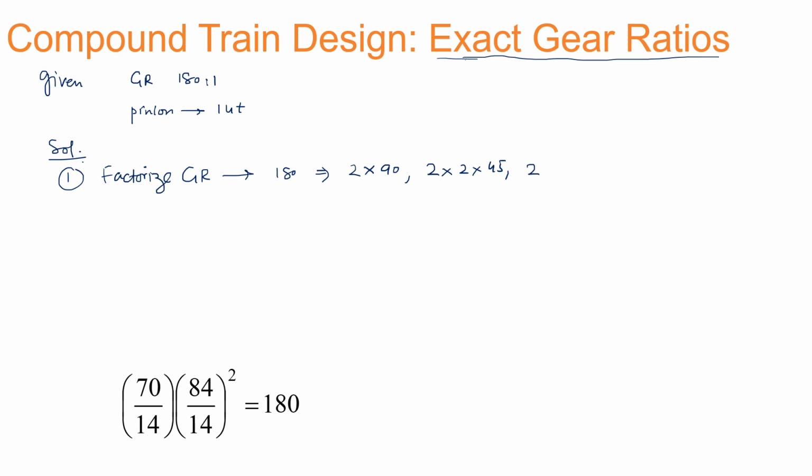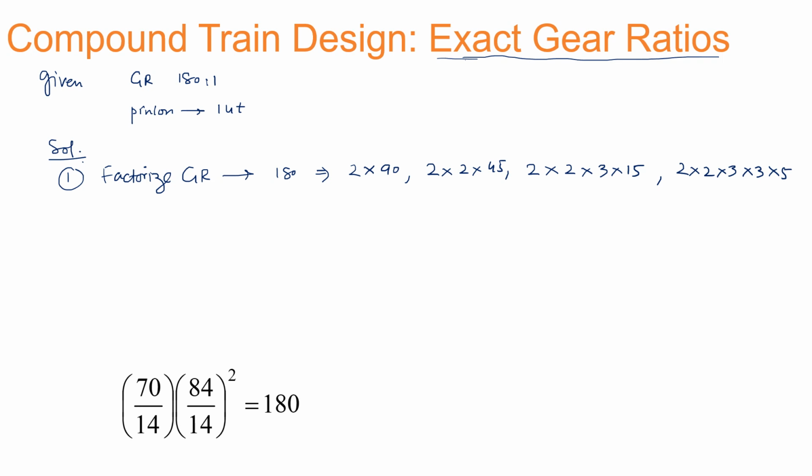There's going to be 2 into 2 into 3 into 15, and that you can do as 2 into 2 into 3 into 3 into 5.